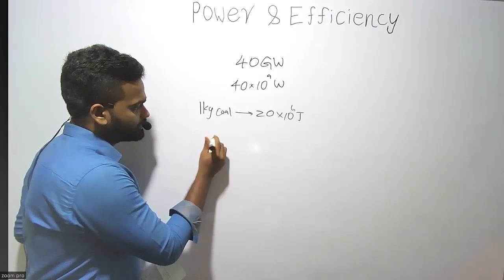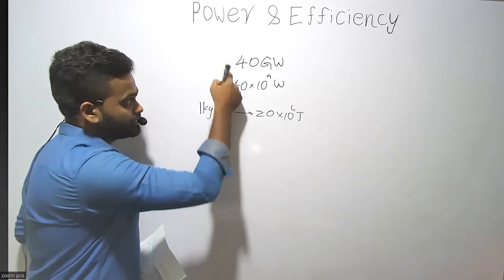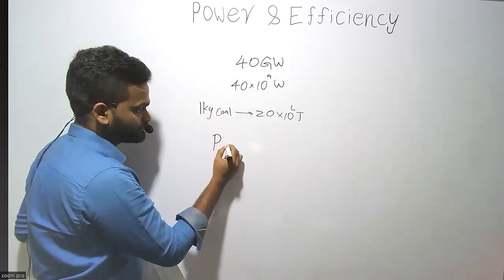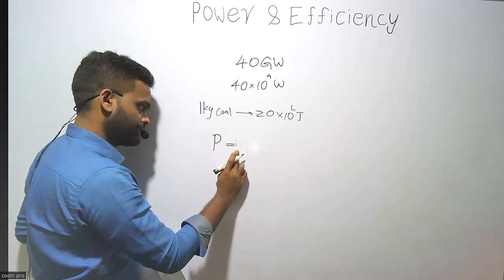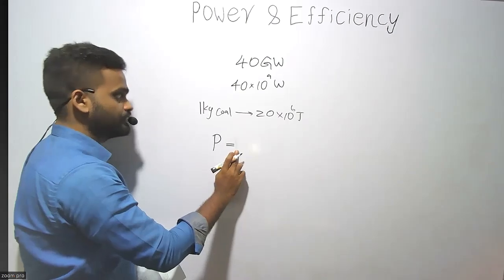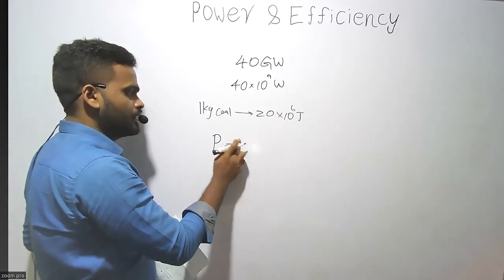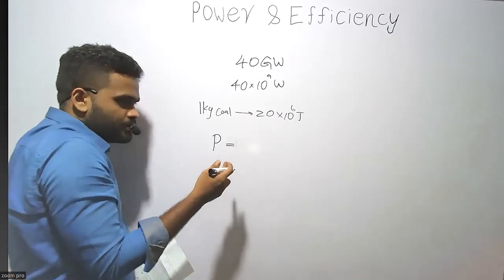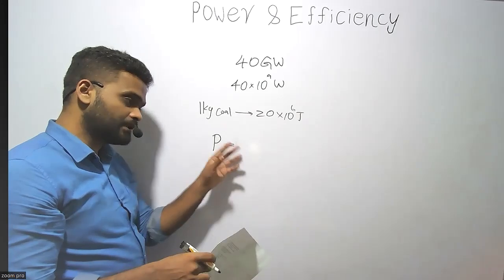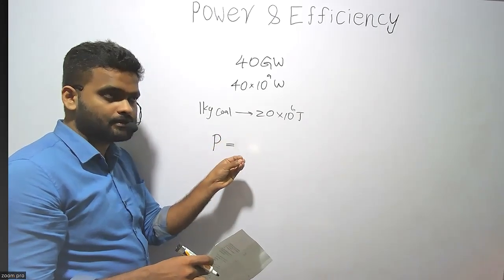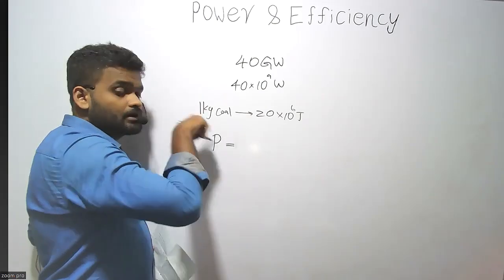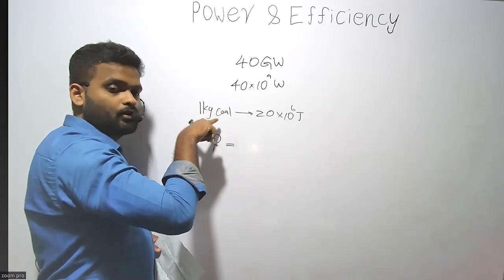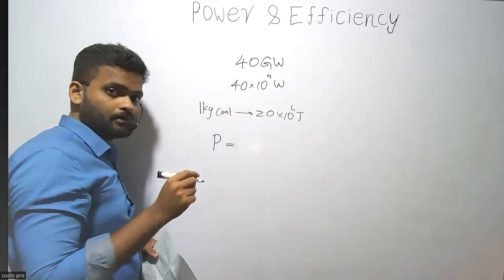So the power requirement is this much. When you get a question like this, you can think about units, and the final unit should be kilograms per second. So at every second this many kilograms of coal should be burned in order to generate this power.